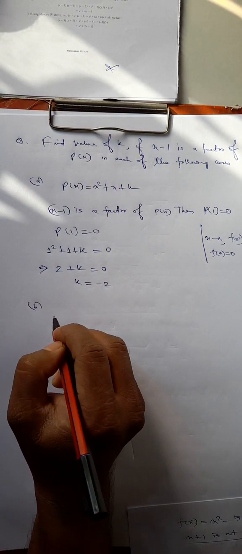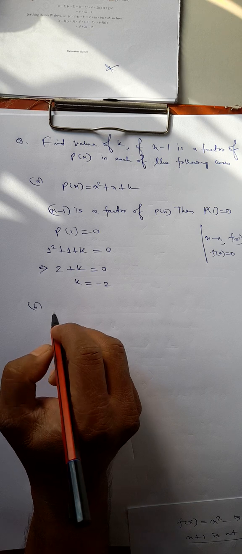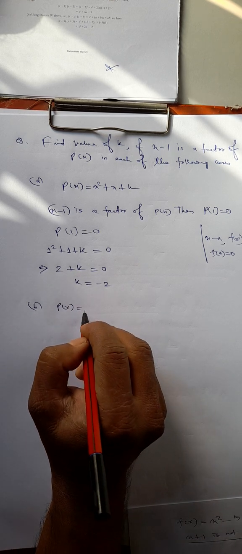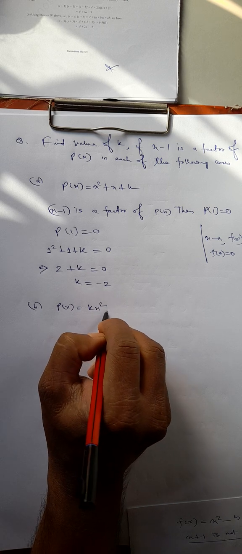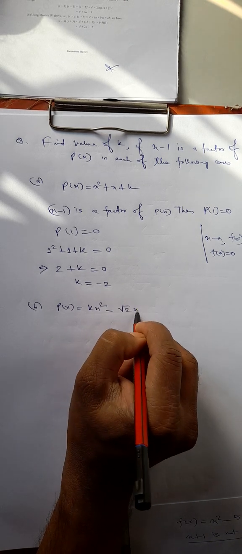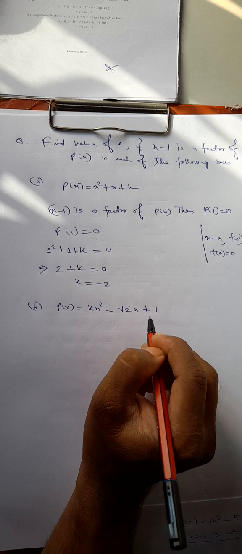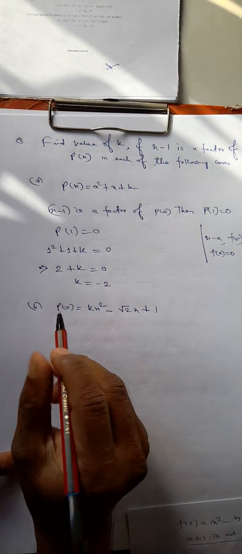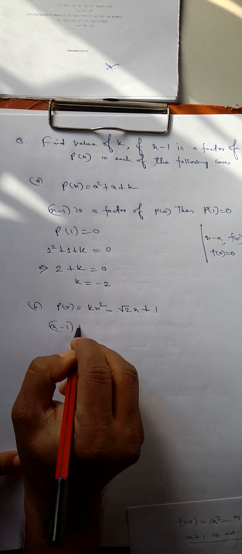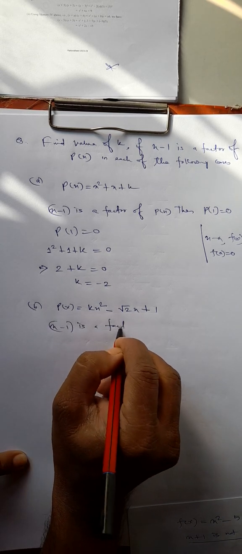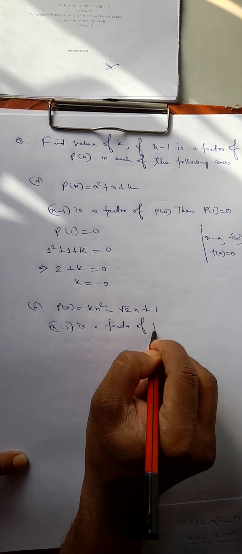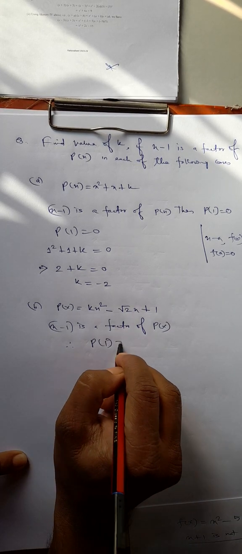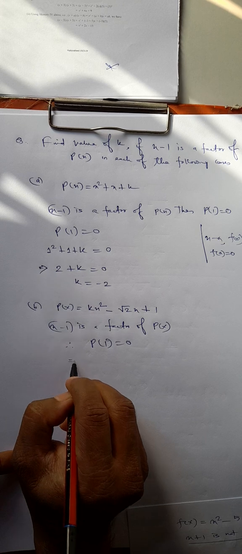Take another example, say p(x) equals k x square minus square root of 2 x plus 1. Again x minus 1 is a factor of this polynomial, therefore p(1) equals 0. Now what is p(1)?